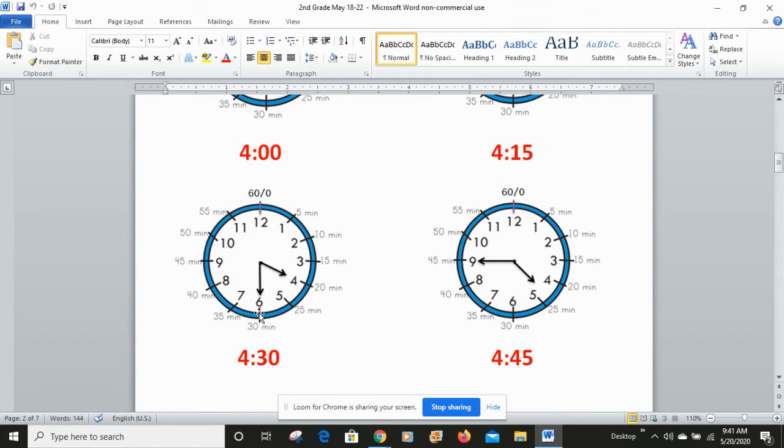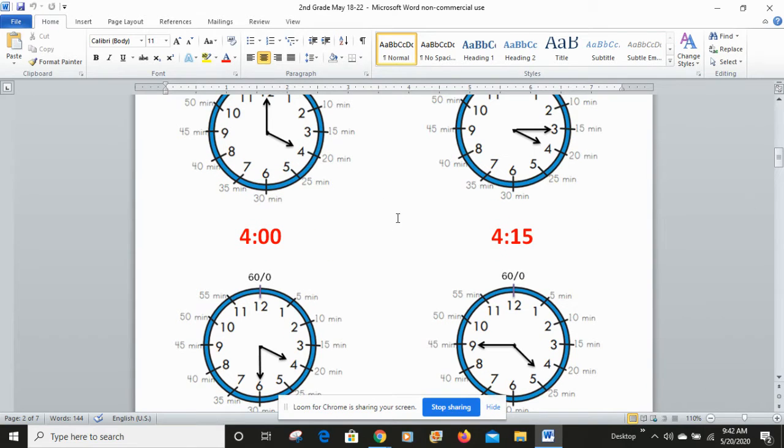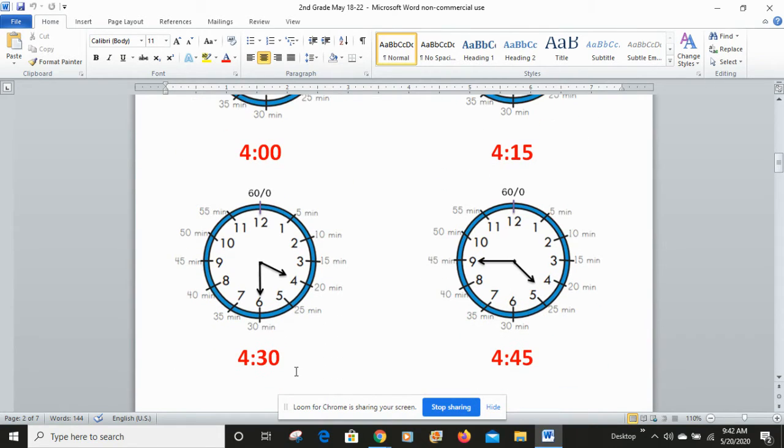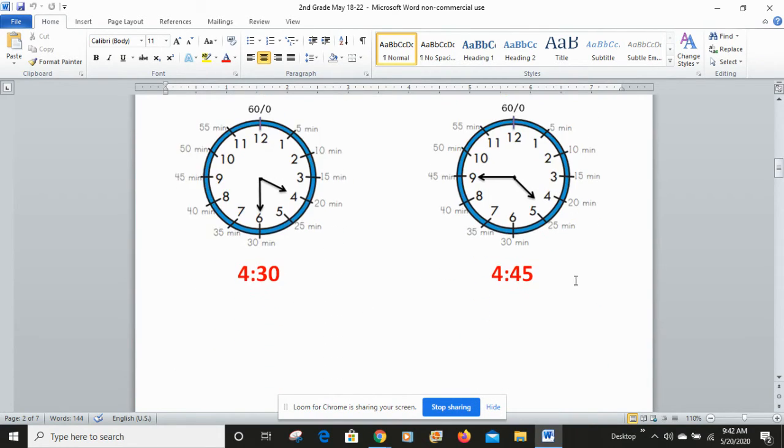When the minute hand is pointing straight down at the 6, we have 4:30. And when the minute hand is pointing over at the 9, we say 4:45. So we look at these 4 clocks: 4 o'clock, 4:15, 4:30, 4:45.